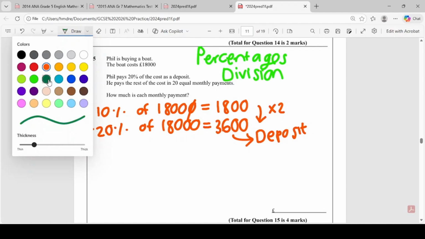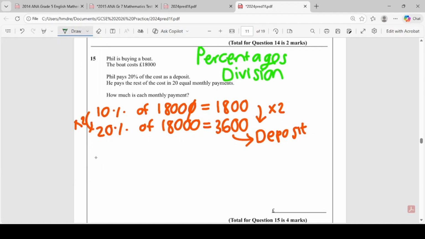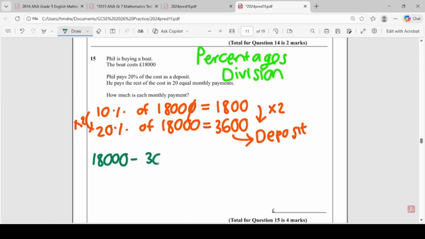So then that means we've got to work out how much is left. So it started off, it was £18,000, and he paid off £3,600. So let's do the math on that one quick.